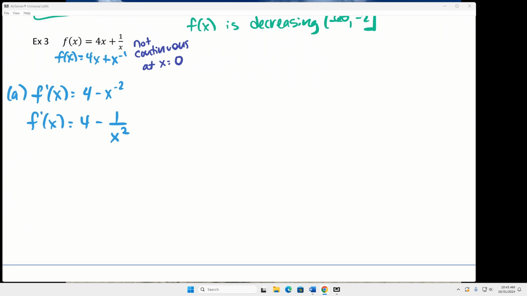Then I want to find the critical numbers, which are going to be where the derivative is zero and where the derivative is undefined. So let's start with zero. Okay, so I'm just going to move over my x, 1 over x squared, and then multiply to solve.